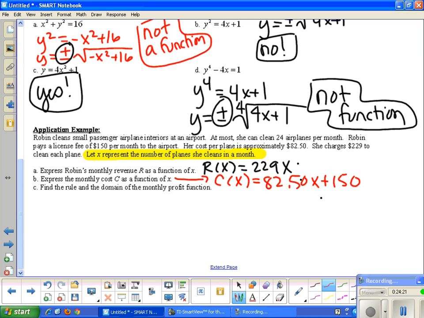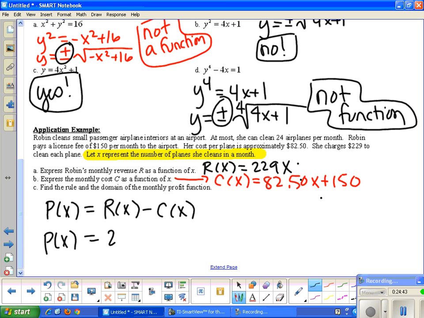Then it says we want to find a rule and the domain of the monthly profit function. So for this, the rule is going to be, of course, your profit, P of X, is equal to how much you're making, R of X, minus your cost. So in this case, the profit is equal to 229x minus the cost.